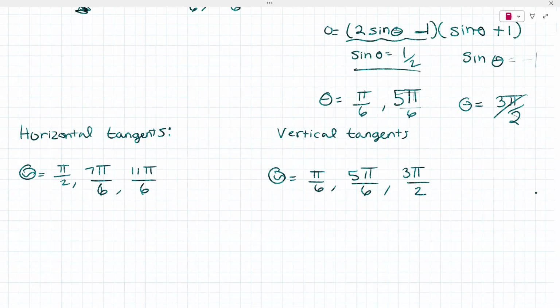So what we're trying to do is find the coordinates. For theta equals pi over 2, it's going to be 1 plus sine of pi over 2, comma pi over 2. And when you simplify that, that's going to give you 2, comma pi over 2.